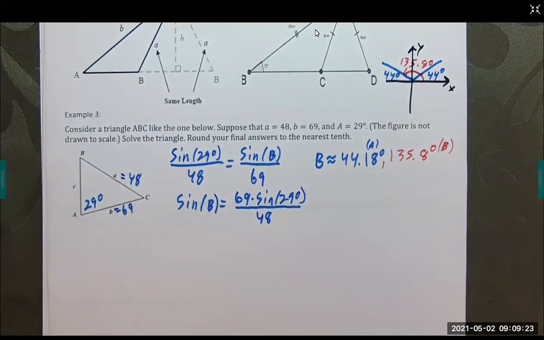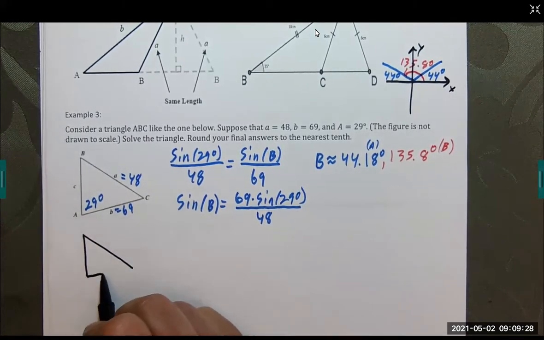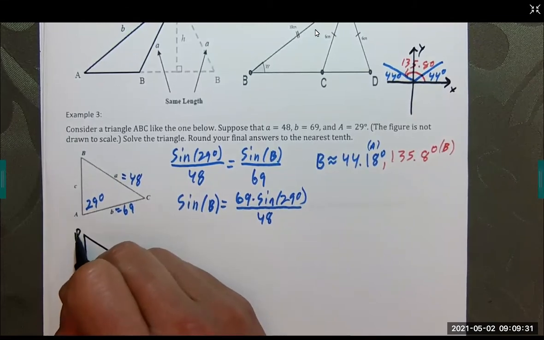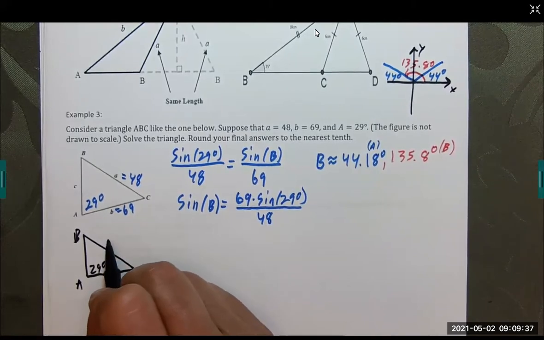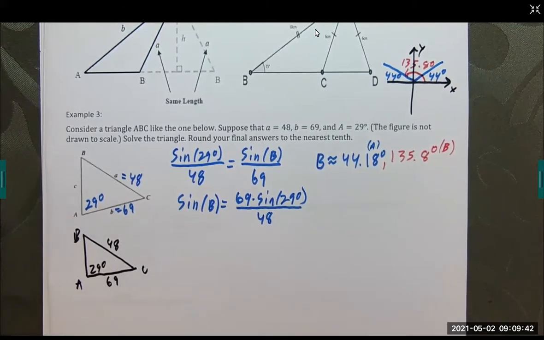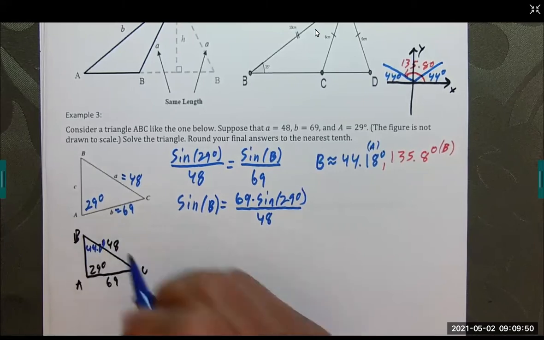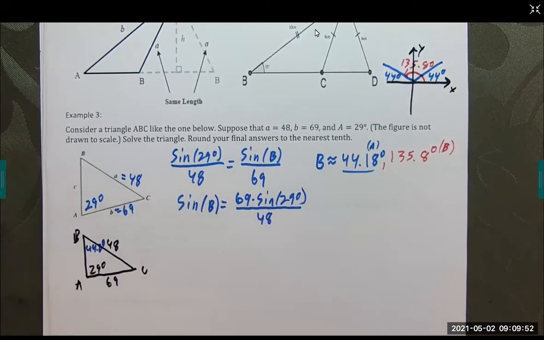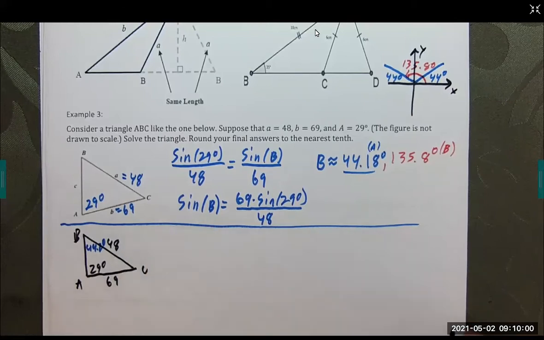So let's start with the triangle. I'll try to draw it as similar as I can. A, B, and C. We're starting with 29 degrees, 48 here, 69 here. And we are going on the assumption that angle B is 44.2 degrees. That's this one here. Based on that assumption, we can figure out what angle C is.